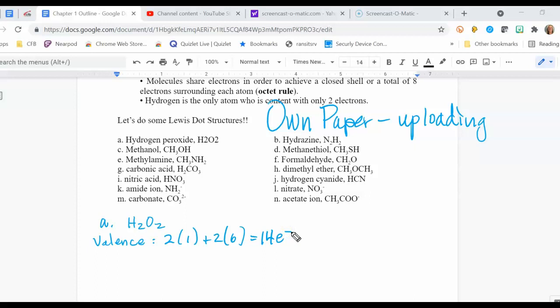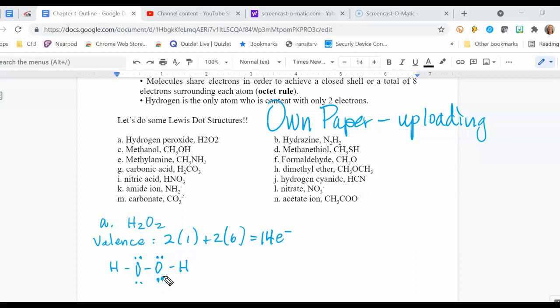Okay, so I'm going to go ahead and put the 2 oxygens side by side with each other, and I'm going to bond, thinking of symmetry, each hydrogen on either side. And as you can see, I've only used a total of 6 electrons so far, with each bond being representative of 2 electrons. So then I can add in the extra electrons here.